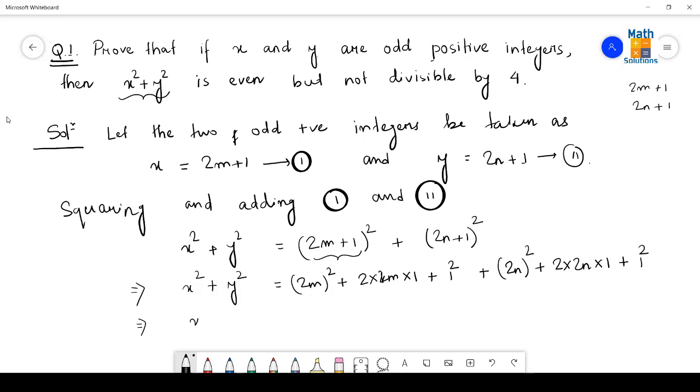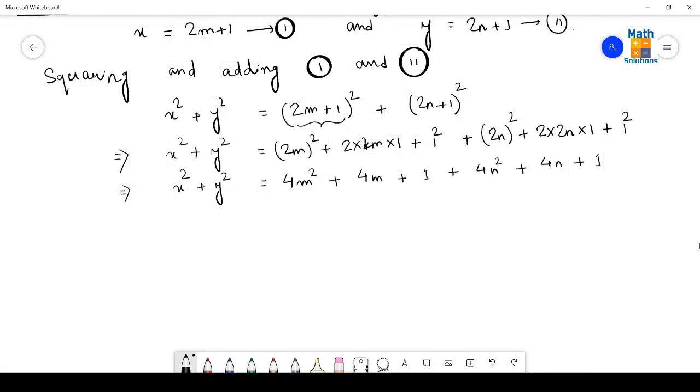After that, what can we get? x square plus y square is equal to, when split and simplified, I get here 4m square plus 4m plus 1 plus, in this case I get 4n square plus 4n plus 1. After that, what do I get?